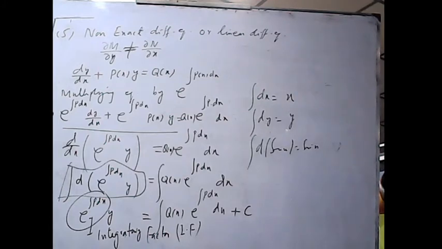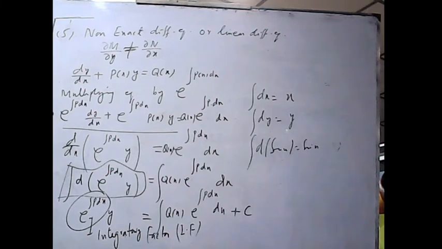So this is how you find the solution of a linear differential equation. This is the general solution. Now we consider a particular problem and how to find the solution. We do not follow this exact solution, because this involves the functions p and q, which are not defined.